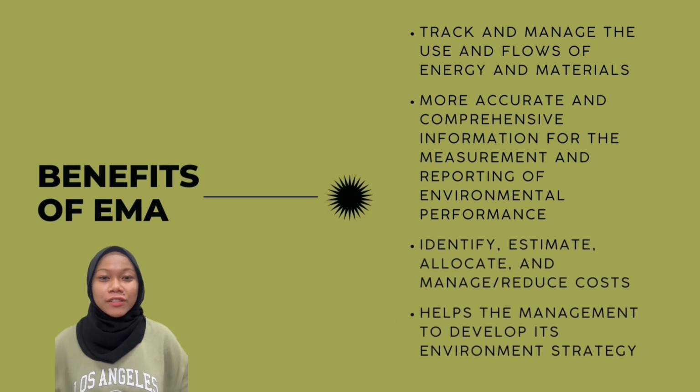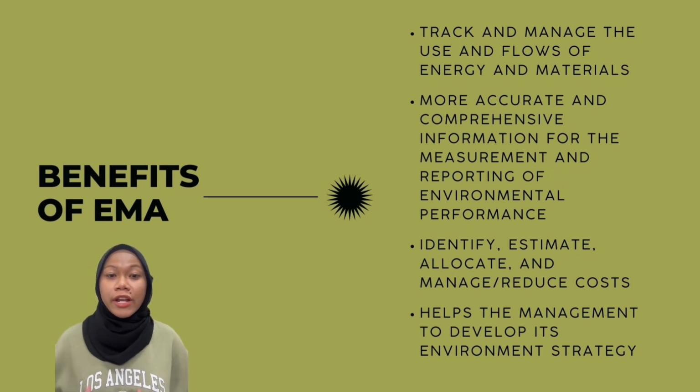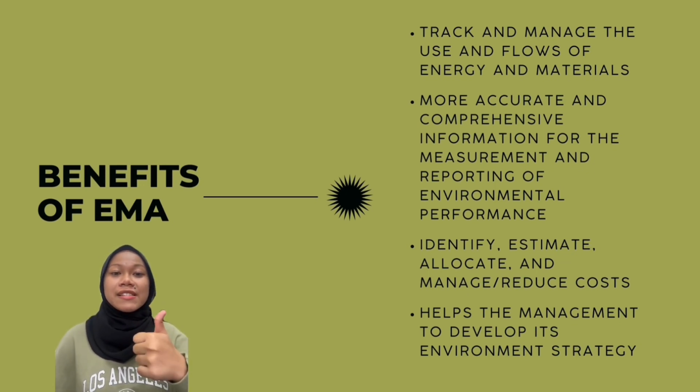And lastly, I will talk about what benefits industry gains by applying EMA. The first benefit is the ability to more accurately track and manage the use and flows of energy and materials, including pollution or waste volumes, types, and fate. The second benefit is that it provides more accurate and comprehensive information for the measurement and reporting of environmental performance, thus improving company image with stakeholders such as customers, employees, government, and finance providers.